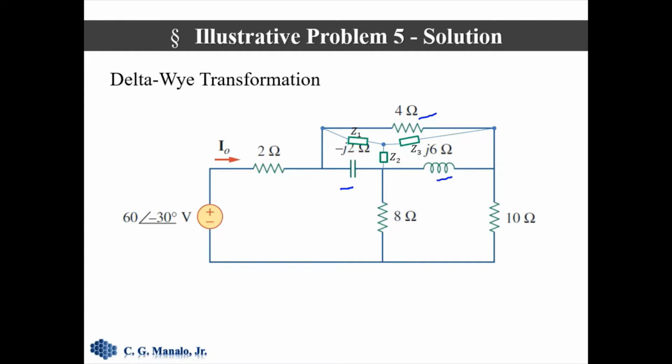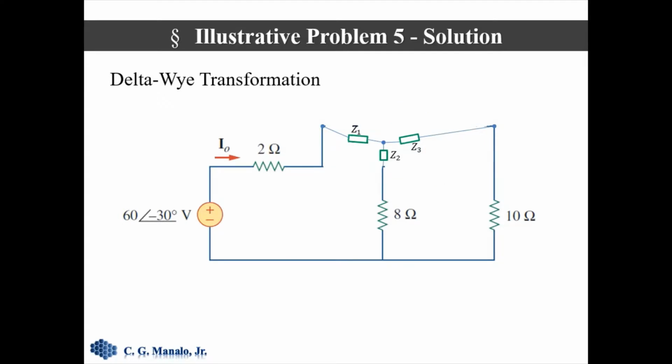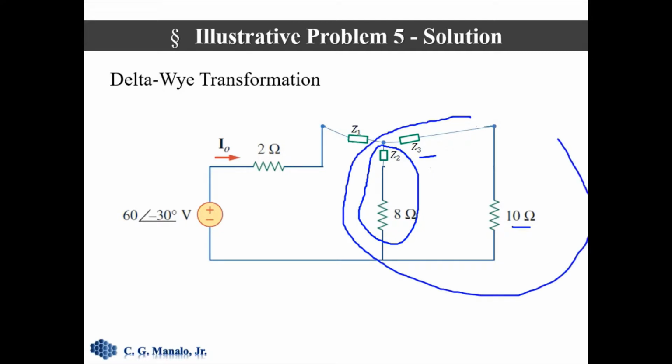Once we get those impedances, we could replace that delta network, and that would result in a network that looks like that, which can now be simplified because Z sub 3 is now in series with 10 ohms, and the combination is in parallel with this part here, and this whole combination is in series with Z sub 1 and the 2 ohms, and therefore we could solve for I sub 0.